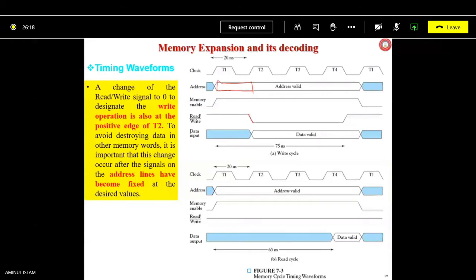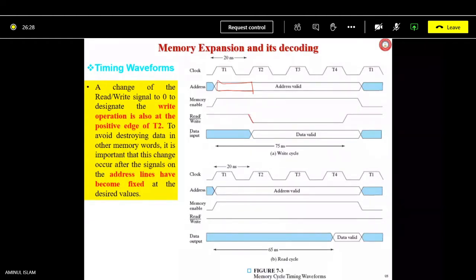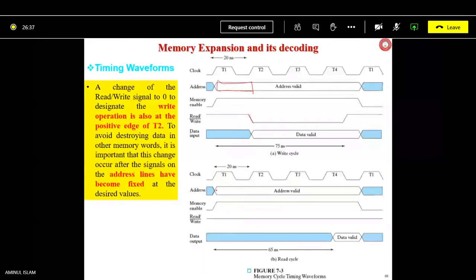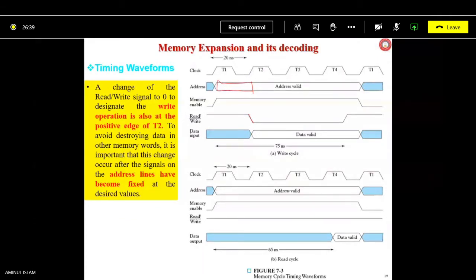They travel through a bus, and every bus is going to offer some RC delay, RC time constant, you understand, I hope. So let it be settled, then you send the data. Otherwise some wrong location will be written with the data. That's what is said here.